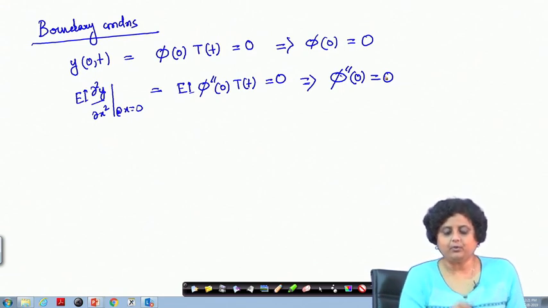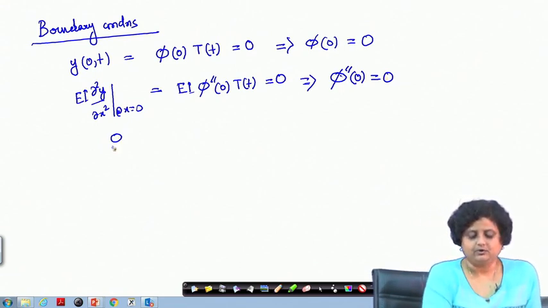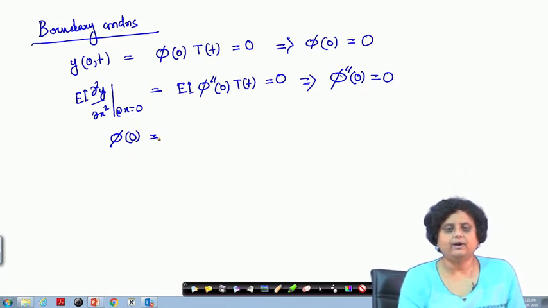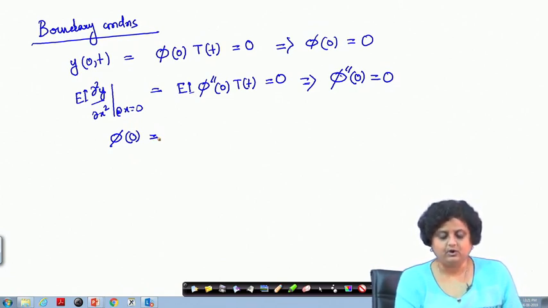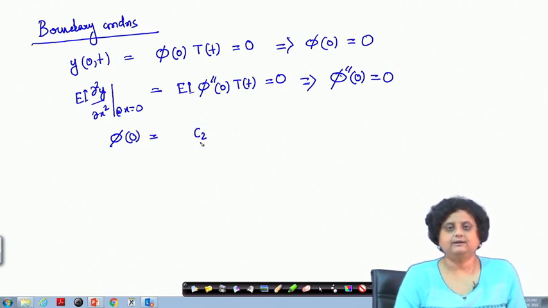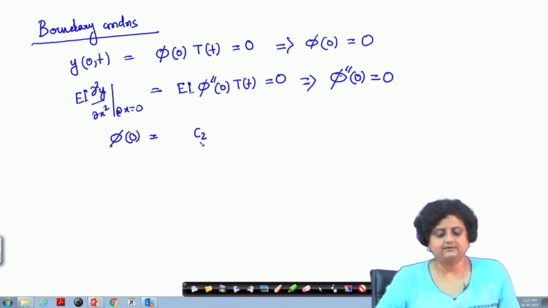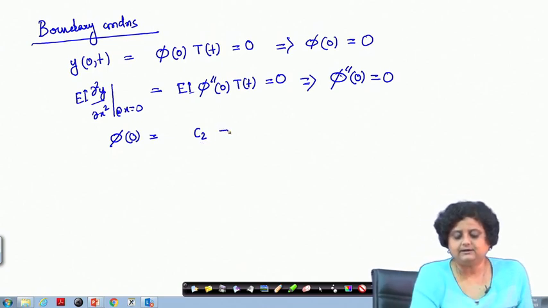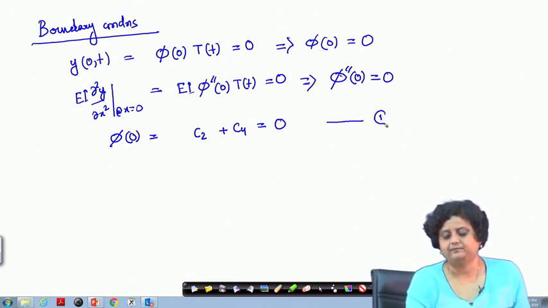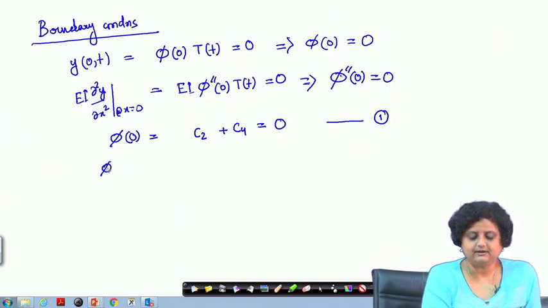If we try to impose this, then what is phi 0? Phi 0 is going to be, so C1 sin beta 0 is 0. C2 cos beta 0 is C2, C3 sinh beta x is 0 and C4 is 0. So, this is my equation 1. Now, what is phi double dash 0?